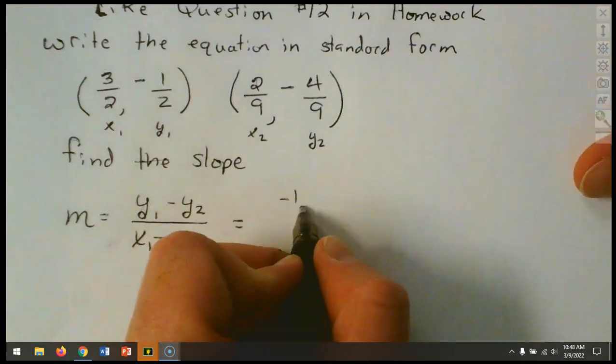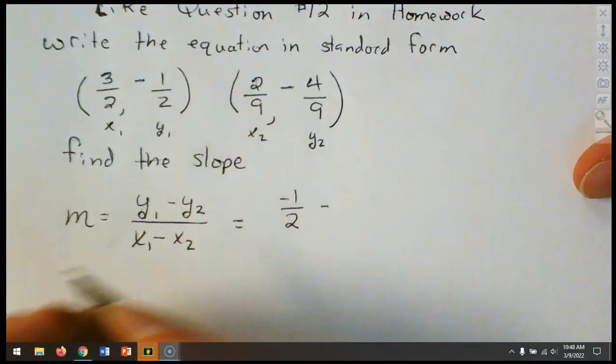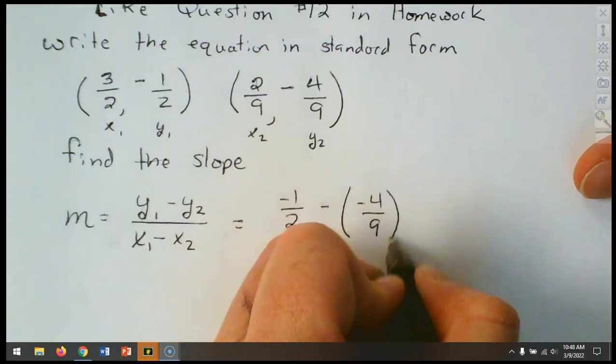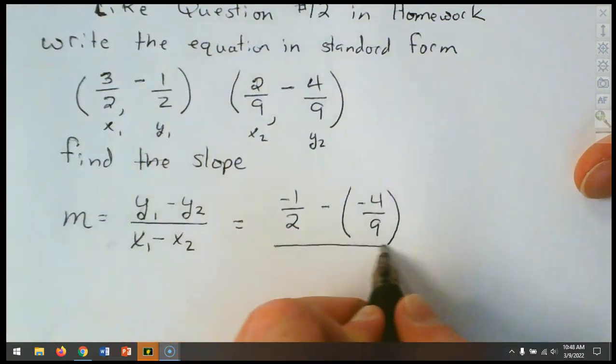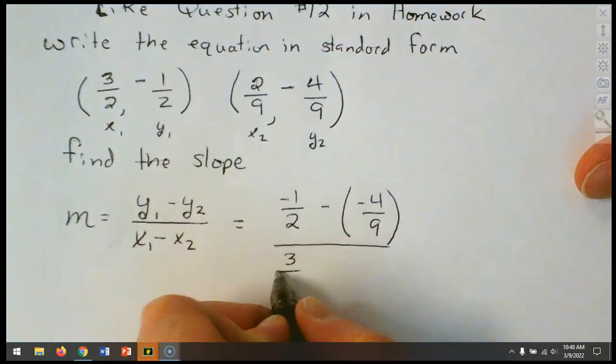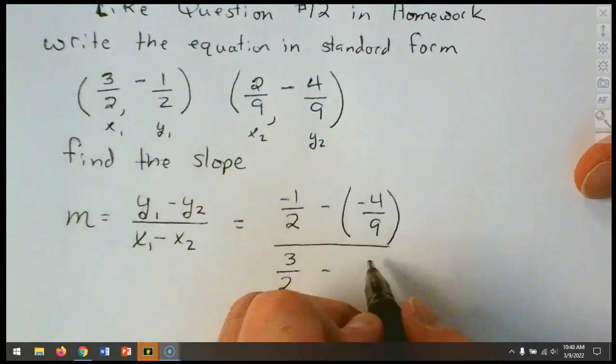We have minus 1/2 minus a minus 4/9 divided by, down below, 3/2 minus 2/9.